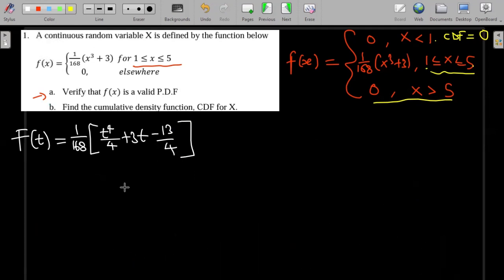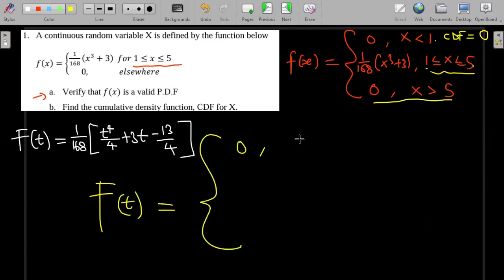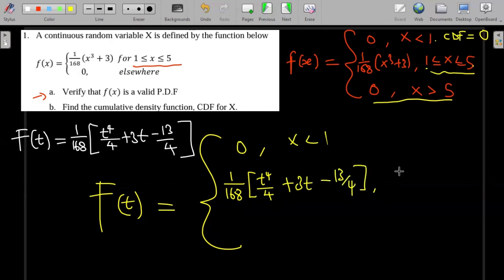Okay, so now to write the final answer, you're going to write it in this form. My CDF, that's capital letter F, F of t is equal to the piecewise function: 0 when x is less than 1, and then 1 over 168 times t to the power 4 over 4 plus 3t minus 13 over 4 for the interval 1 to 5, and then it's 1 for x greater than 5.